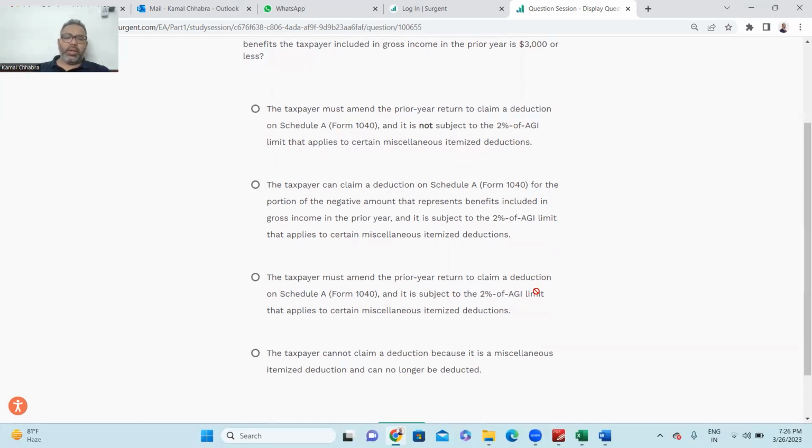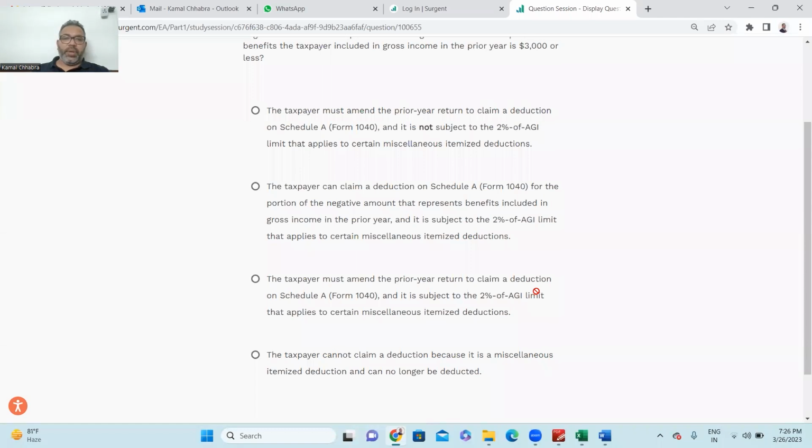Third: the taxpayer must amend the prior year tax return to claim a deduction on Schedule A, and it is subject to the 2% of AGI limit. And last one: the taxpayer cannot claim the deduction because it is a miscellaneous itemized deduction and can no longer be deducted.